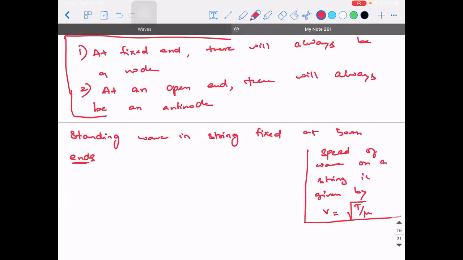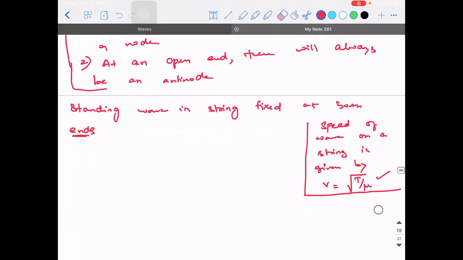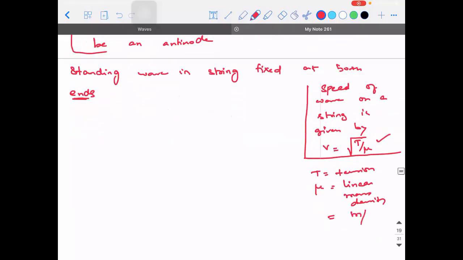So I'm repeating, if you have a string, on a string, if a wave is traveling, the wave travels with the speed of v is equal to root of T by mu, where T is the tension in the string. Write it down. T is the tension and mu is the linear mass density. That is mass per unit length. These are all the points you need to know.